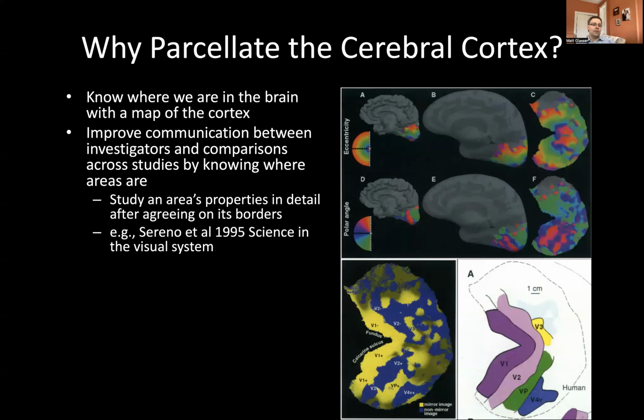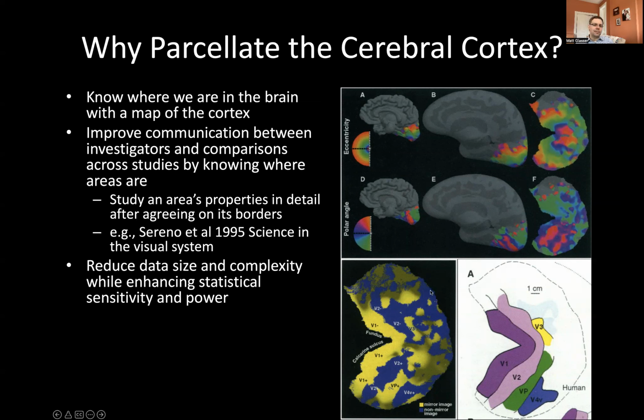An example I like to give about this is Felleman and Van Essen's paper looking at early visual areas. They were able to recognize areas V1, V2, V3, V4, very similar to what we do today, even more than 27 years ago.